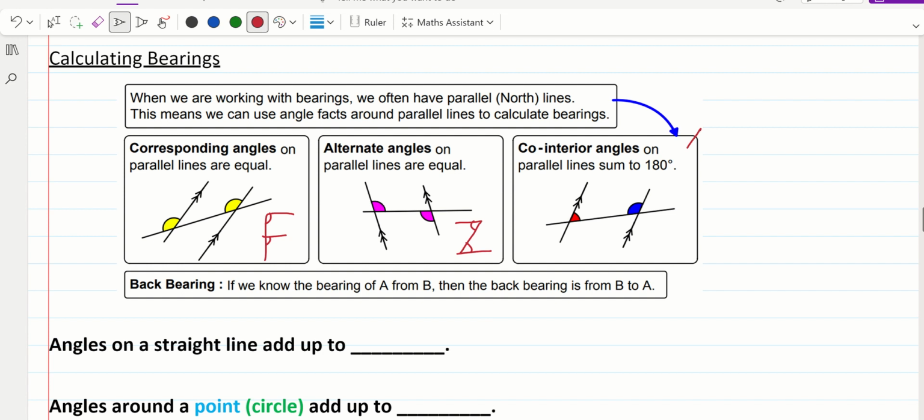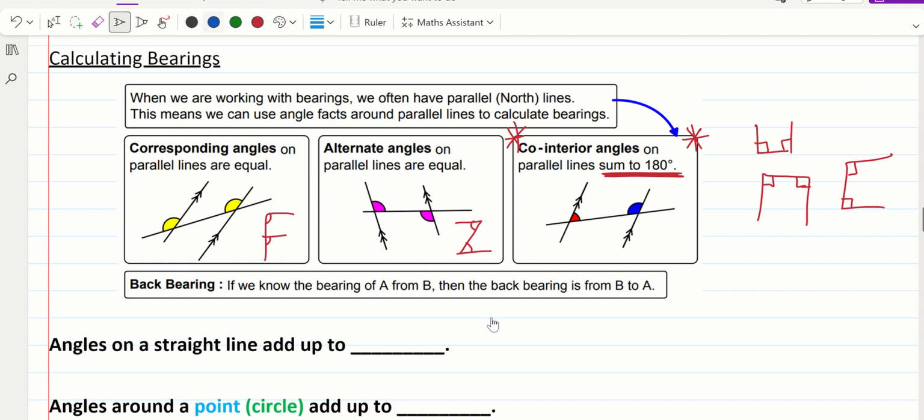But the one that you will really need to use a lot for bearings is the co-interior angles, which is the U-shaped angles. They're both inside, or sometimes it's a C shape or an N shape. These two angles, and these two angles add up to 180. So that particular co-interior feature is really important.